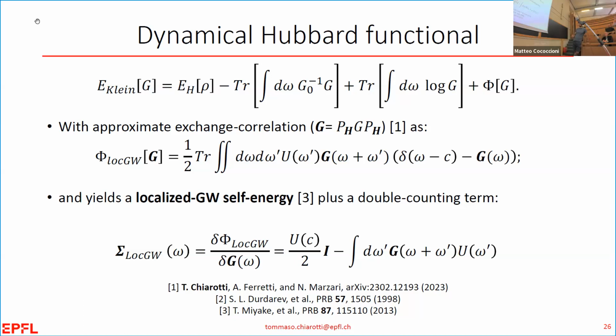And so indeed, if you look at this paper, it's not written in this way, but the self-energy of localized GW can be recast in this way. And there is just a double counting term, exactly as for DFT+U. You need a double counting term because you are correcting DFT in the end. What you want to do is to correct DFT.